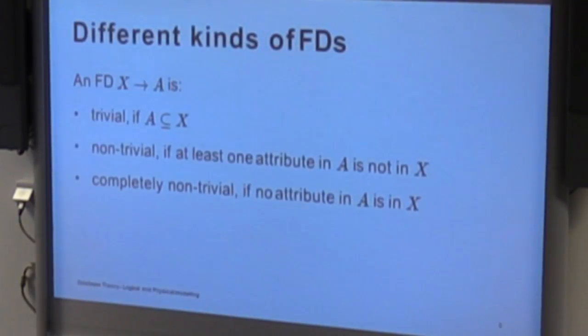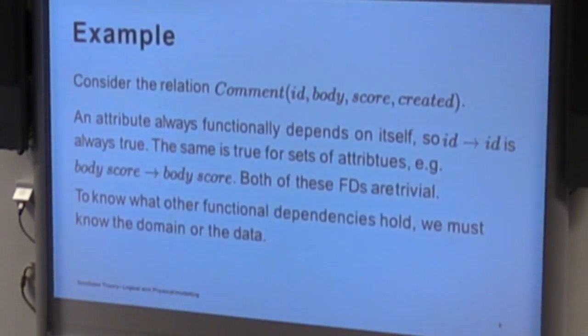And then you have the non-trivial version of those functional dependencies, and that is when that functional set X or part of it is pointing at the other set A. And the other one is the completely non-trivial one, and that is when you have the X's pointing at nothing in A at all. So the easiest way to have a look at this is to just have an example.